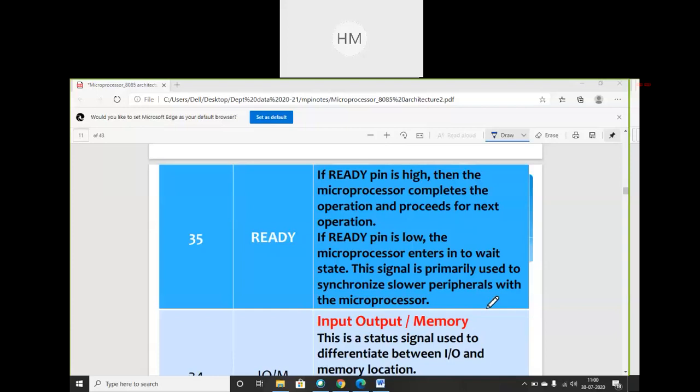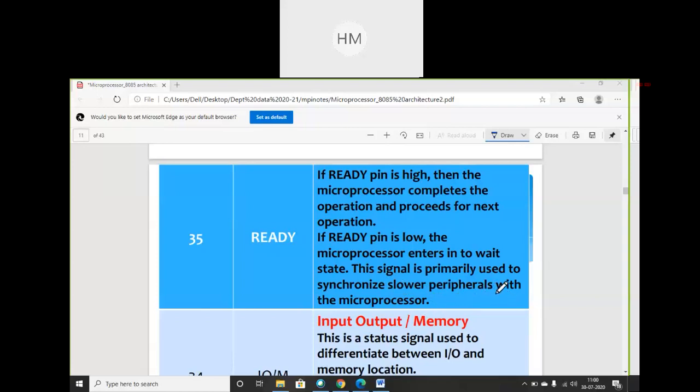So if the ready pin is low, the microprocessor enters into wait state to synchronize the frequency of both. It will wait for a few microseconds and then it will continue. This signal is primarily used to synchronize slower peripherals with the microprocessor.